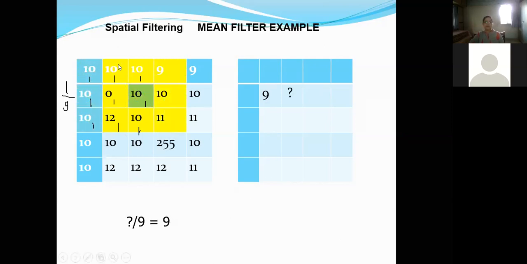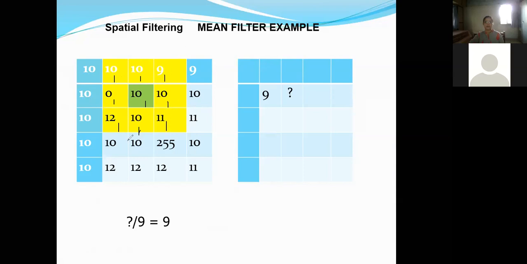Then a similar operation we can perform on the next pixel simply by scrolling the mask by one column. Right now this is your region under consideration, and hence now this mask is aligned with the next 3x3 region as shown here.